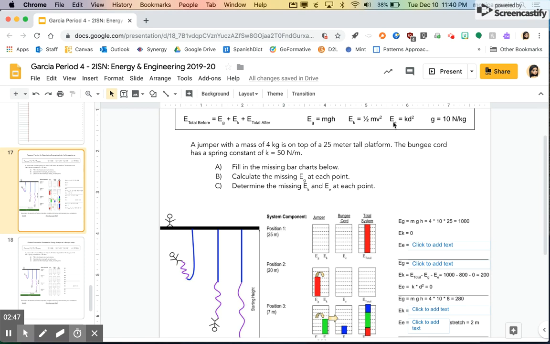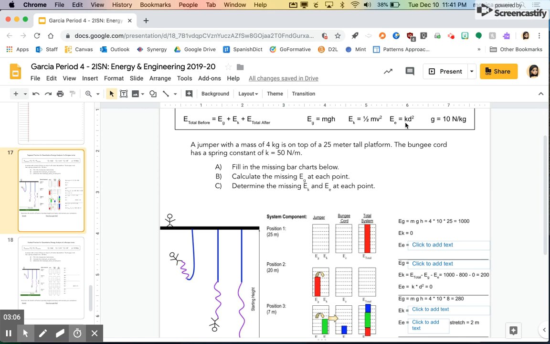The fourth equation here is for elastic energy. This is the equation that we just found in the elastic energy lab. So you have elastic energy is equal to kd squared. The K here stands for spring constant.